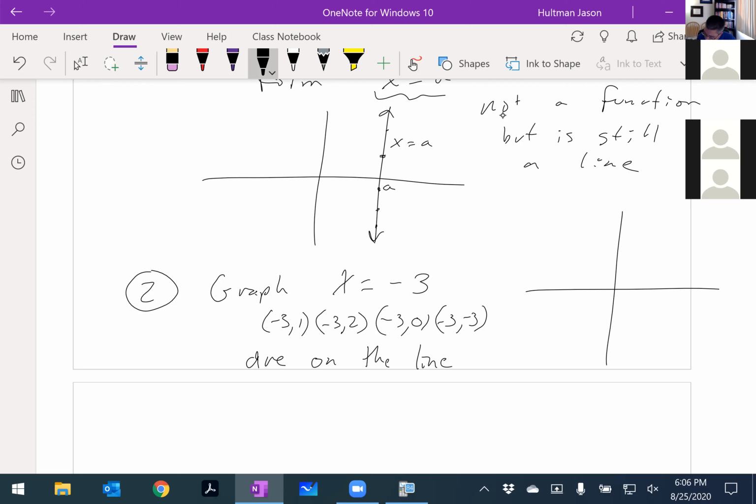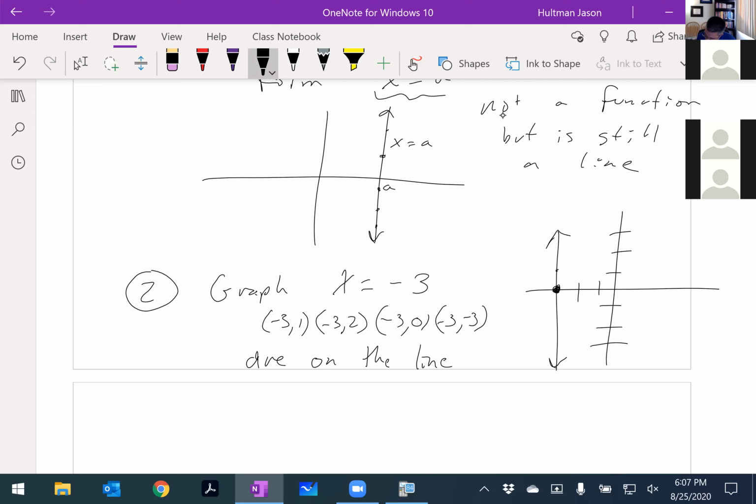So where is x equals -3? 1, 2, 3. And so we go 1, 2, 3, oops, that's a little too far. And so where are all these points? At (-3, 0), I'm here.